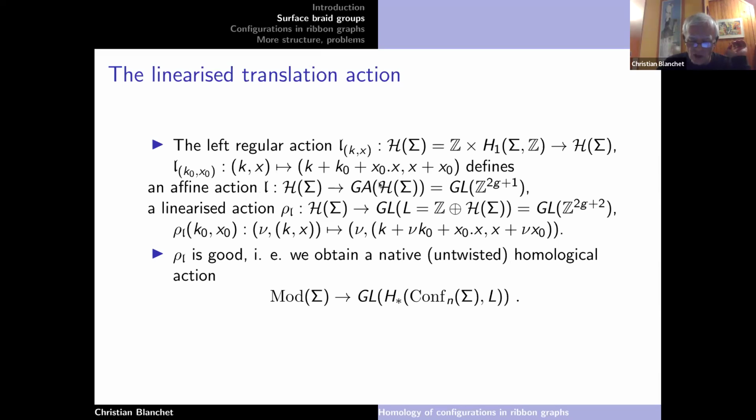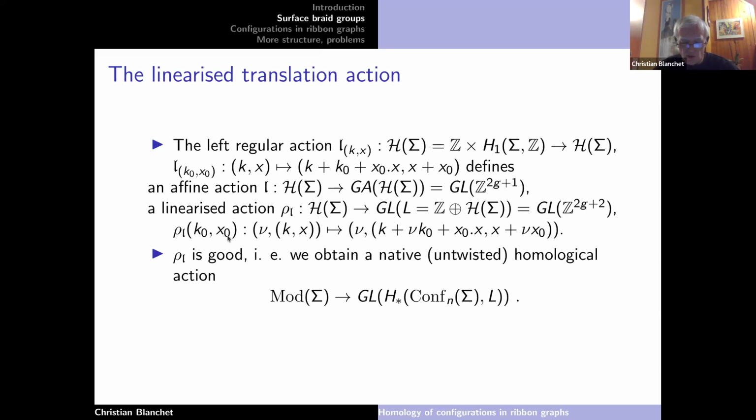And this is an affine action. An affine action means that we have a homomorphism from the Heisenberg group, sorry, it should be GA, to GA of Z to the g plus 1. It should not be GL, it's GA. But if we add an extra factor, we will homogenize and get a homomorphism to the linear group with one rank more.